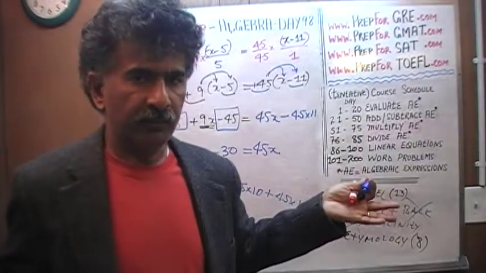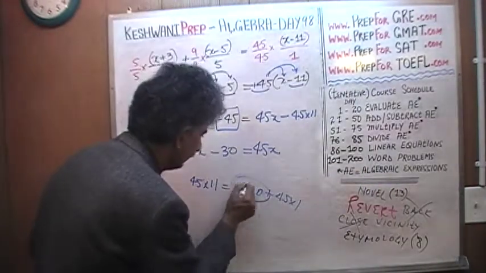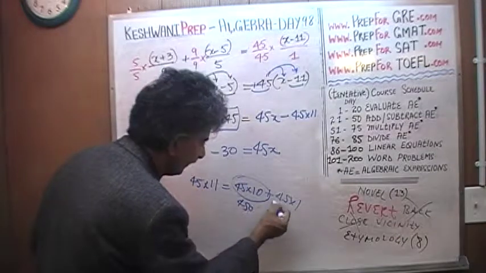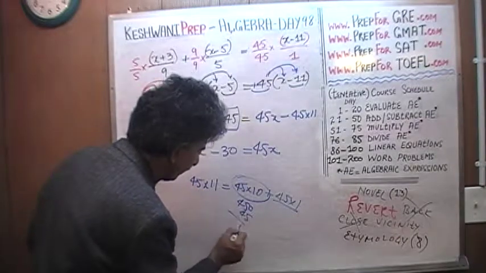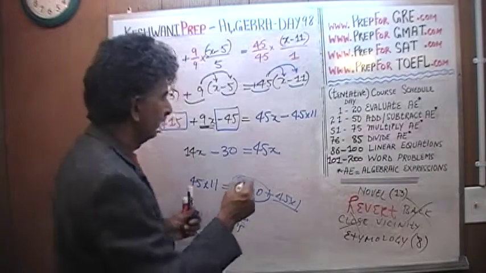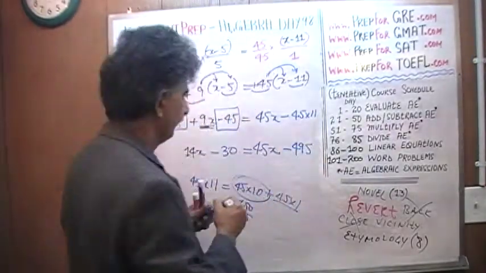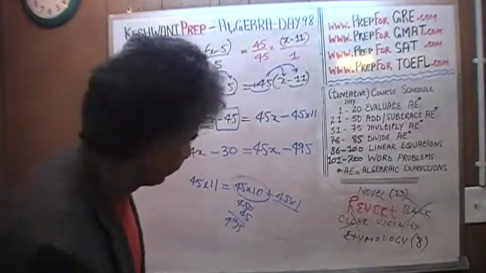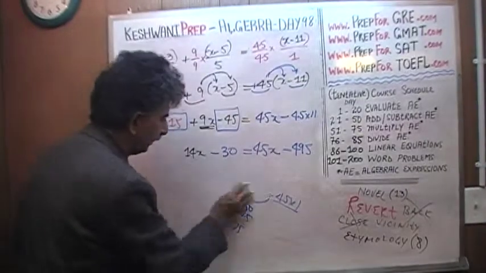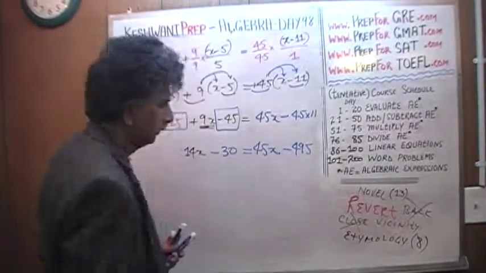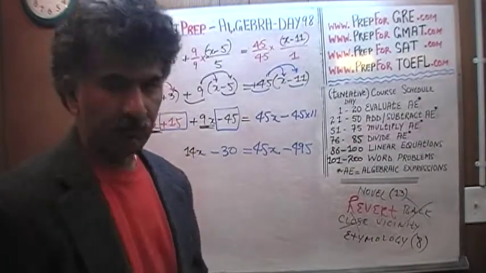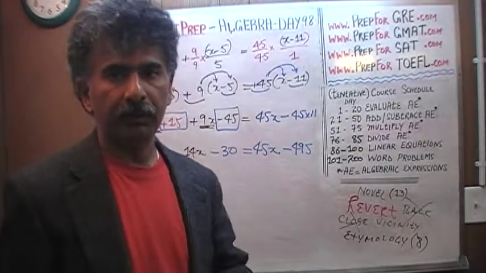Well, we know 10 45s are 450. That's very simple. Plus another 45 should give us 495. So that's 495 right here, minus 495. But do not reach for the damn calculator. Leave the bloody thing alone, okay?